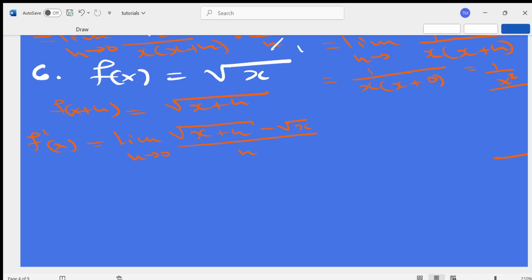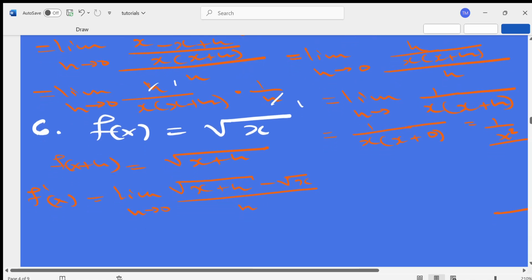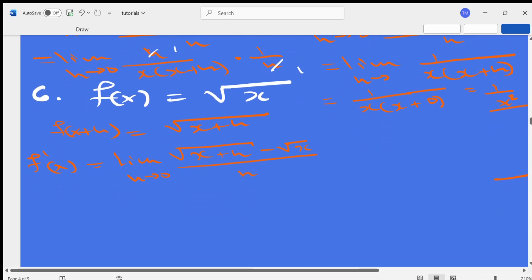Simplifying, there's nothing we can do to simplify. So we're simply going to have, what is it? This one is not doable. I messed up some.